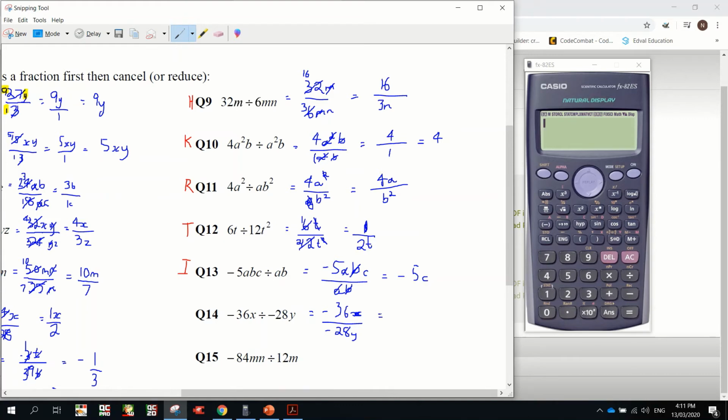Equals, now negative divided by negative is going to give us a positive, alright, and now we have to find out our highest common factor. So could be 1, no, I'm sure we can get something higher, they're both even, so 2, 3 won't go into 28, 4.